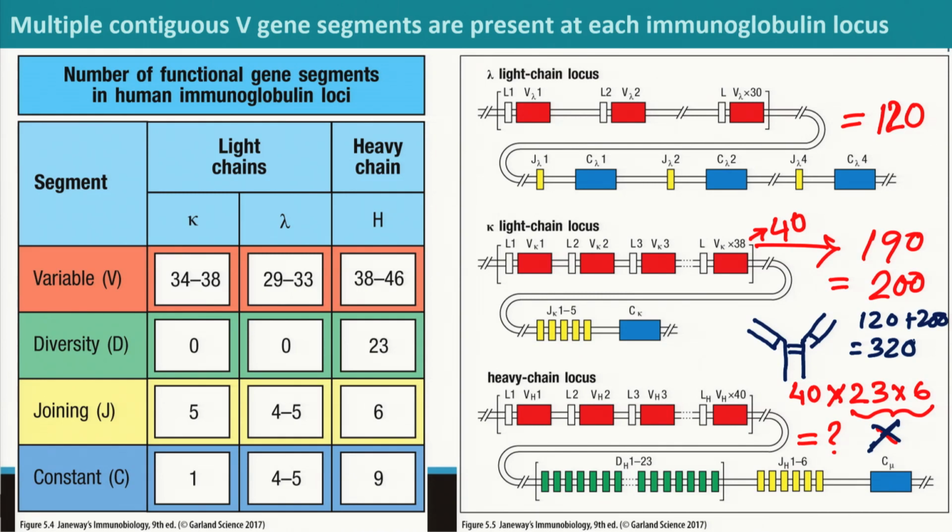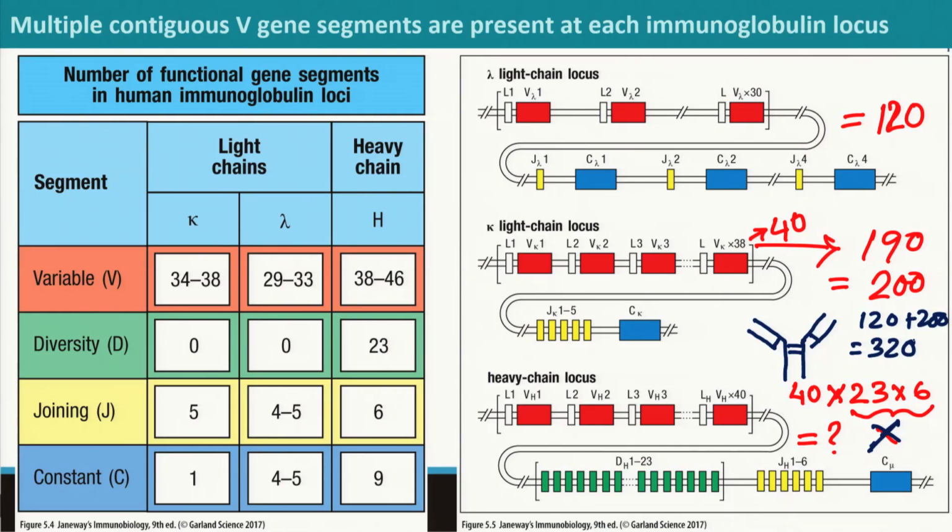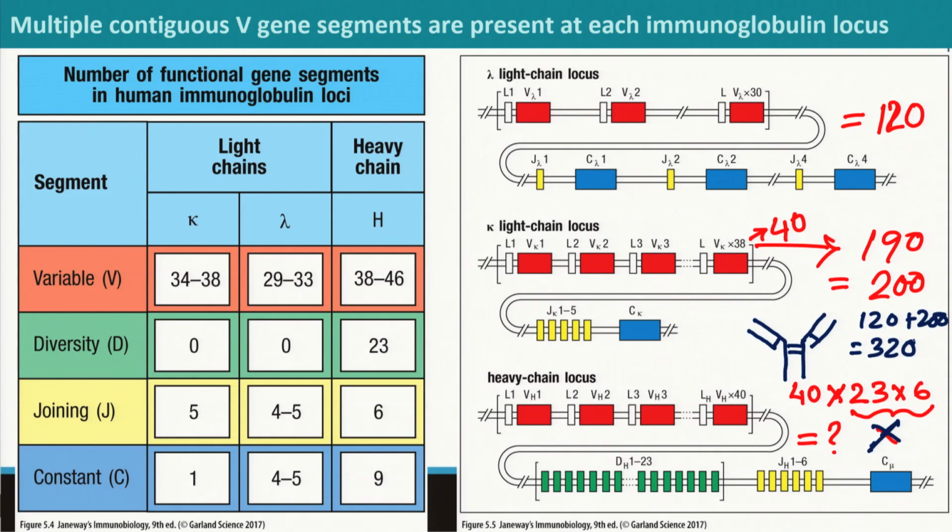If this is also random, and any one of these 320 and any one of this x can recombine, what is the possible number of antibody molecules? Very simple mathematics: you just have to multiply 320 times x, and that gives you the variety of different antibodies.